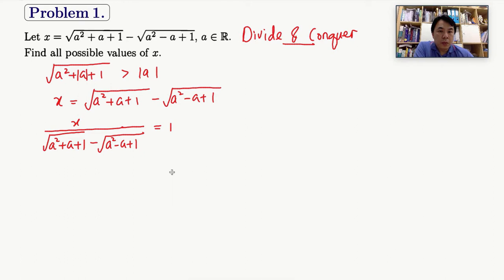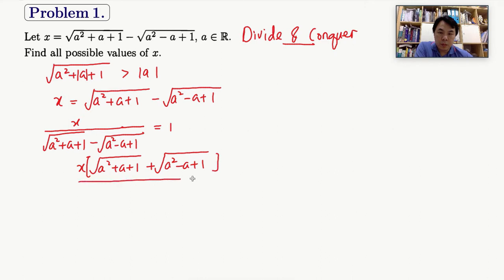And then by applying a rationalization, we will have x divided by a squared plus a plus 1 here.